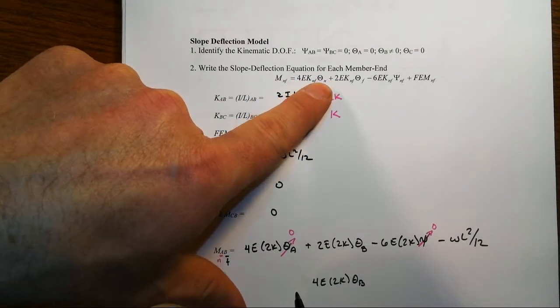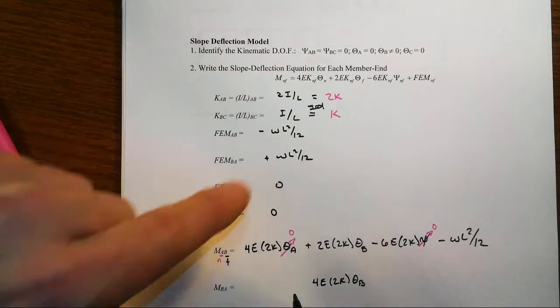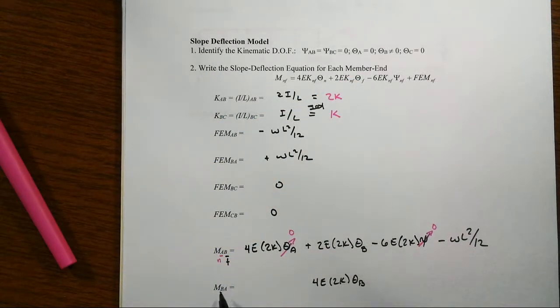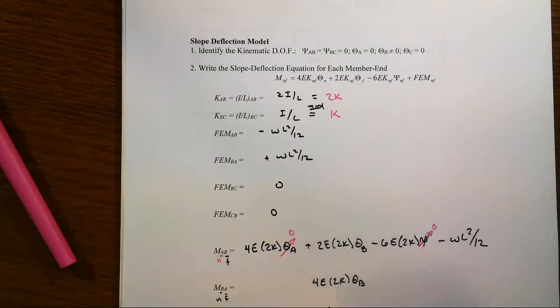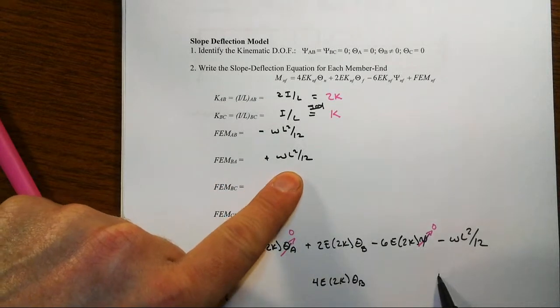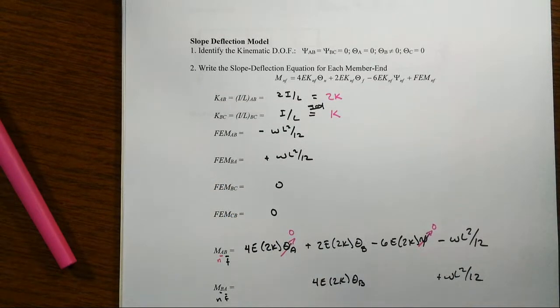There's your 4EK theta B. Then the second one is 2EK theta A. That's now the far end because we've gone to the other end, so again, swapping the roles of the letters N and F. And so, wait a minute, theta A is 0, so we don't have to include that. Chord rotation term, 0. Fixed end moment for BA is plus WL squared over 12. That's it for that one.